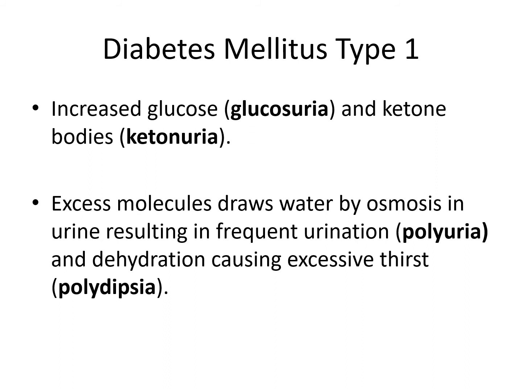Some of the effects of diabetes mellitus are increased glucose in the urine, glucosuria, and ketone bodies, ketonuria. What happens? Excess molecules draw water by osmosis into the urine, resulting in frequent urination, called polyuria, and dehydration, causing excessive thirst, called polydipsia.